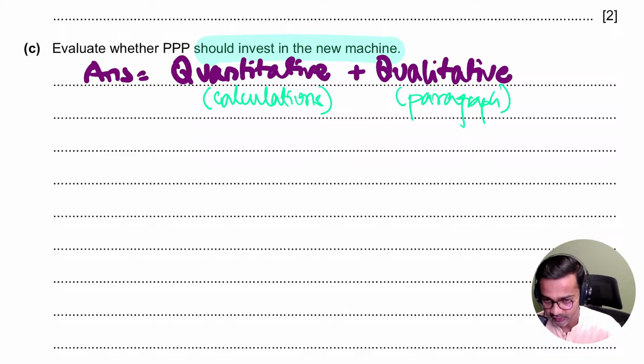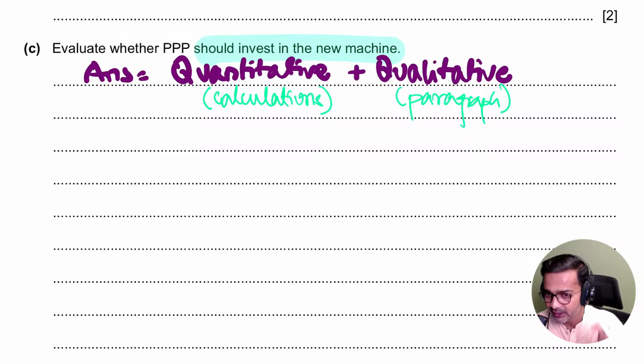And since our calculation part was all about investment appraisal, you'll have to discuss all of them. Okay, and just to recall, investment appraisal is incomplete without NPV. In fact, without NPV you can't make any decisions. So that's something that I will definitely bring in as evaluation, that yes, we have payback period, yes, we have ARR, but we should also calculate NPV, and in order to calculate NPV we would have needed discount factors, and those aren't given.